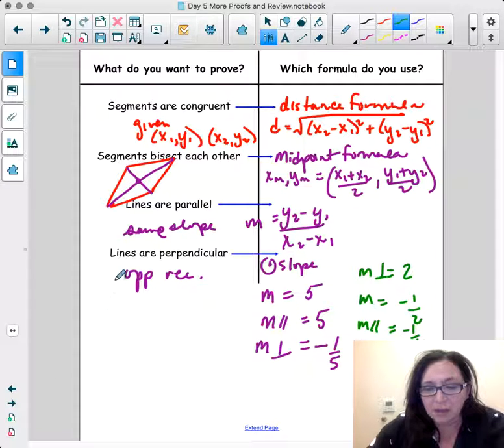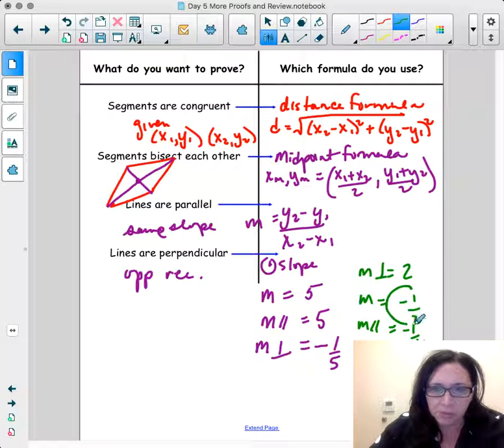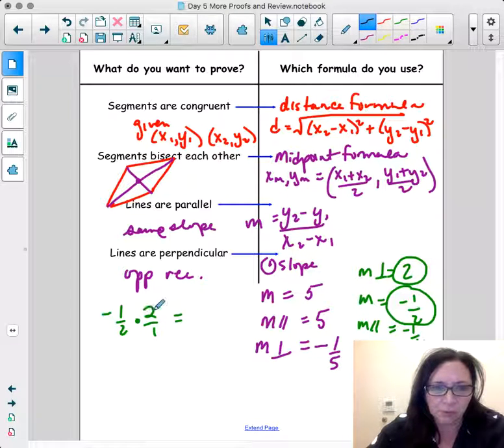A trick to show if something is perpendicular is the product of the slopes. For example, if I take my original slope, negative 1/2, and multiply it by my perpendicular slope, which is 2, the 2 divides into 2 once, and I end up getting negative 1 times 1.